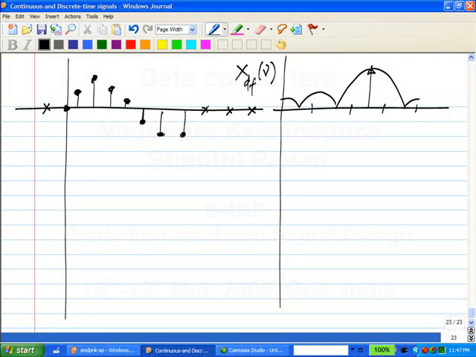Now, in reality, it is not even this that I am calculating. What I am calculating are only the values of this at this one, which gave me this, and this one, which is this, and this one, which is a little higher, and here, which is almost the same as this, and finally this. So this is the X DFT of K.